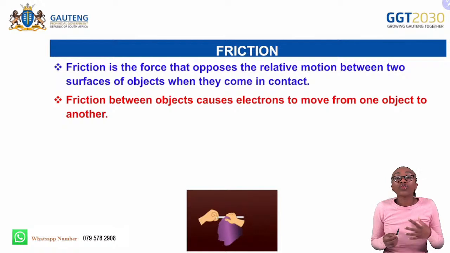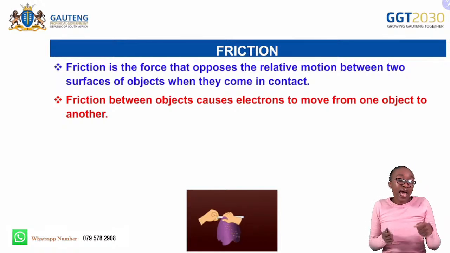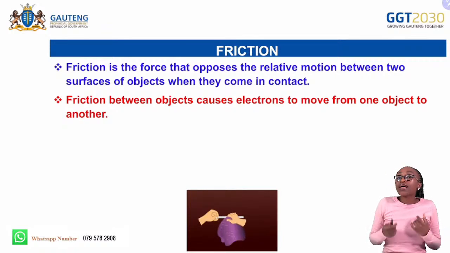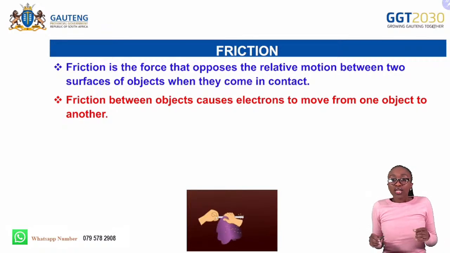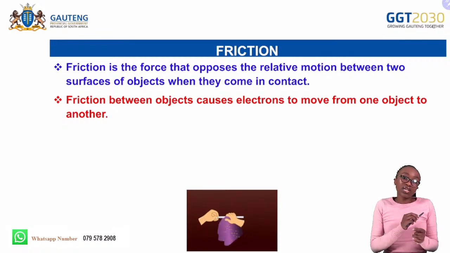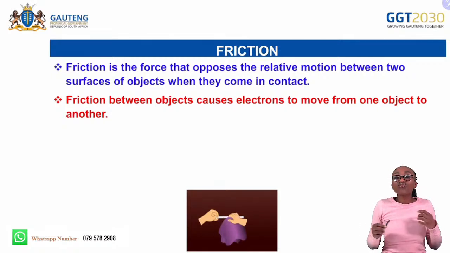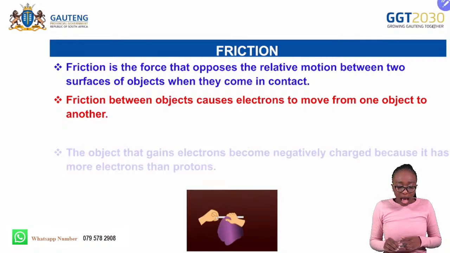Look at that video that I've just pulled up. We have the two hands. One hand is holding the ruler, the other hand is holding the cloth. So the cloth is being rubbed on top of the white ruler. As the person is rubbing the cloth on the white ruler, there is electrons moving from one object to another.